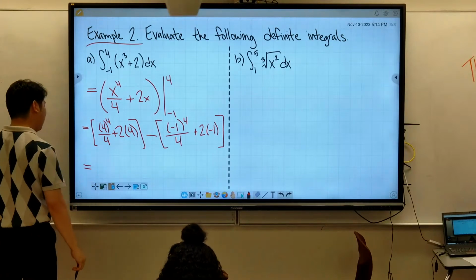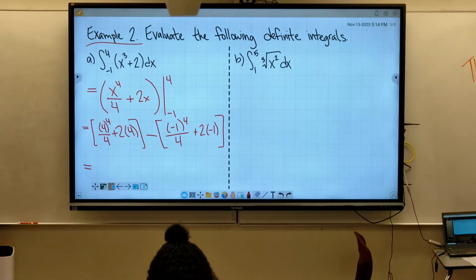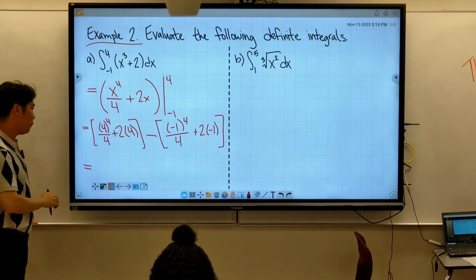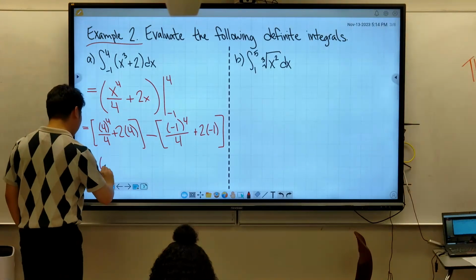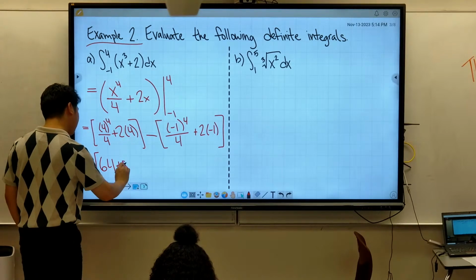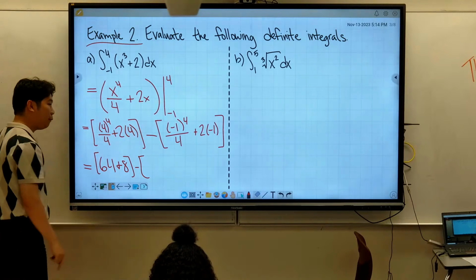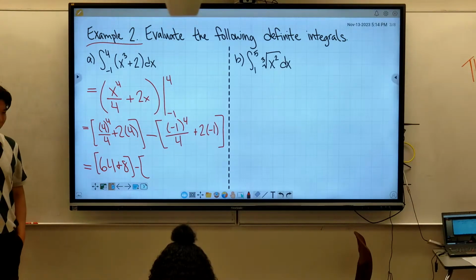All right, let's see what we get here. 4 to the fourth power, that's a large number. Let's see, we get 4, 16, 64, 64 times 4. Yes, so that would be 4 cubed, so 64. 2 times 4, we get plus 8. Minus negative 1 to the fourth power, we just get 1.